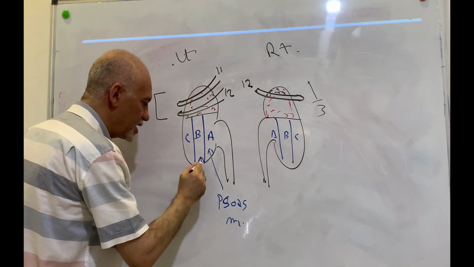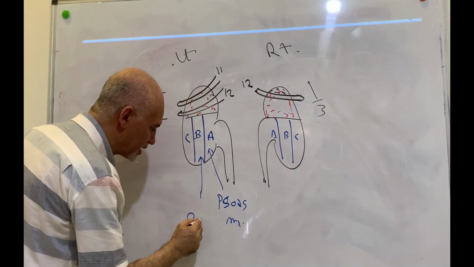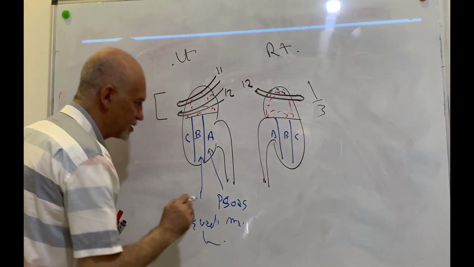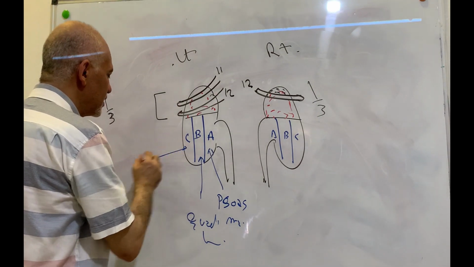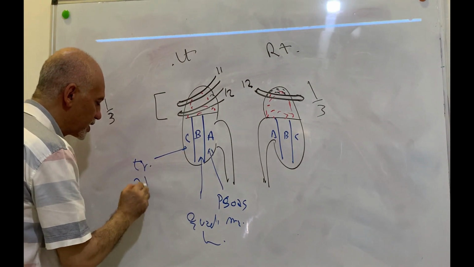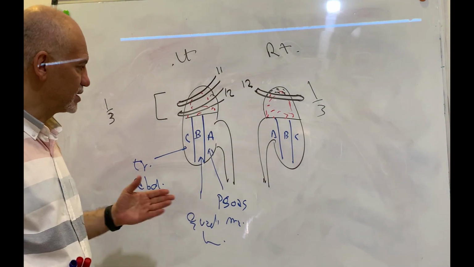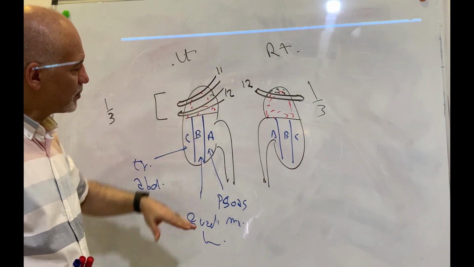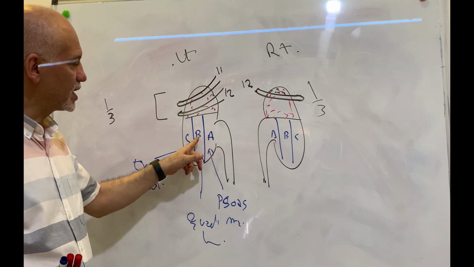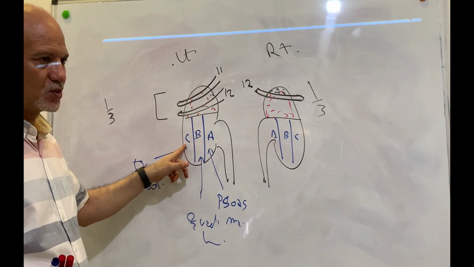In the intermediate, another muscle called quadratus lumborum. Lateral one, transversus abdominis muscle. Muscles related to the lower part: psoas major, quadratus lumborum, and transversus abdominis.